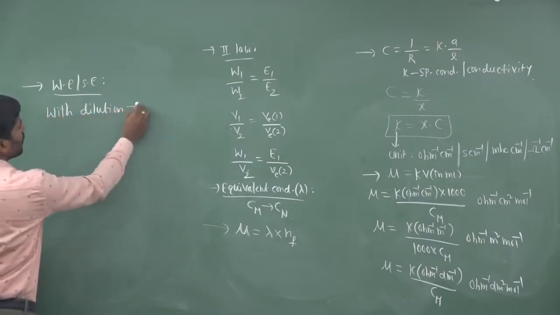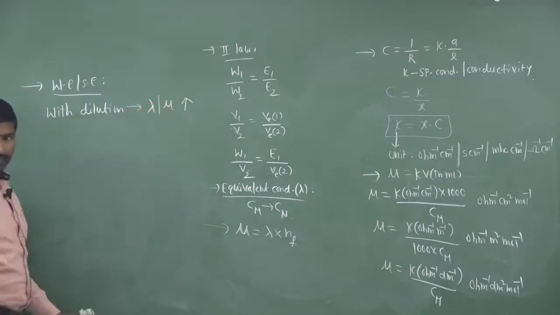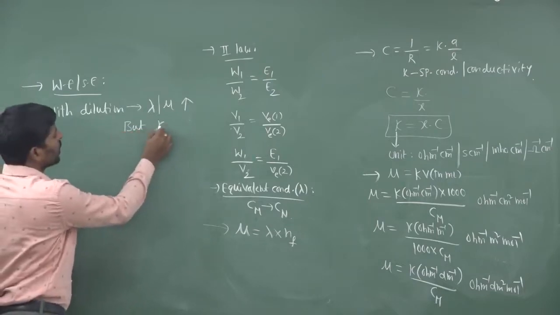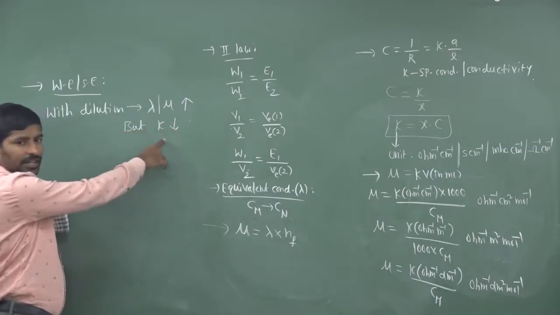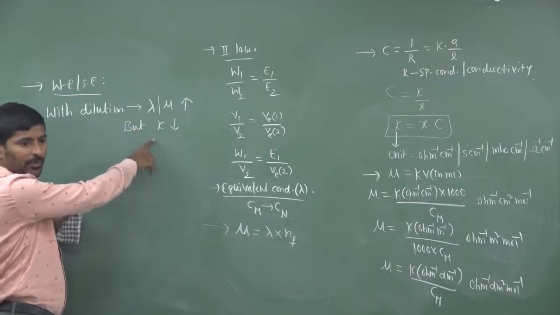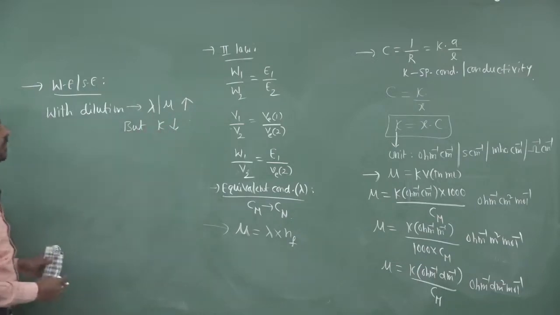With the dilution, molar conductance or equivalent conductance increases. But specific conductance decreases, since the number of ions per unit volume decreases, so specific conductance decreases.